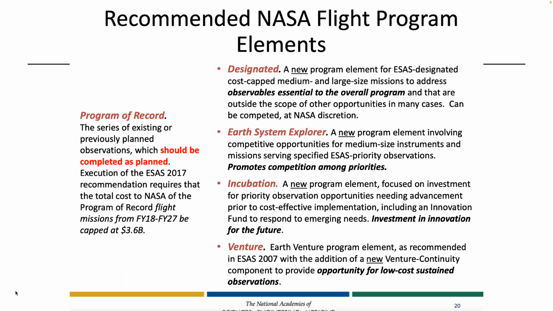Explorer is around 300, 400 million, kind of that level. Incubation, I'm not sure of the numbers on that, but it's smaller. And then Venture is another opportunity that comes around for really low cost observations, maybe like 90 million kind of level.